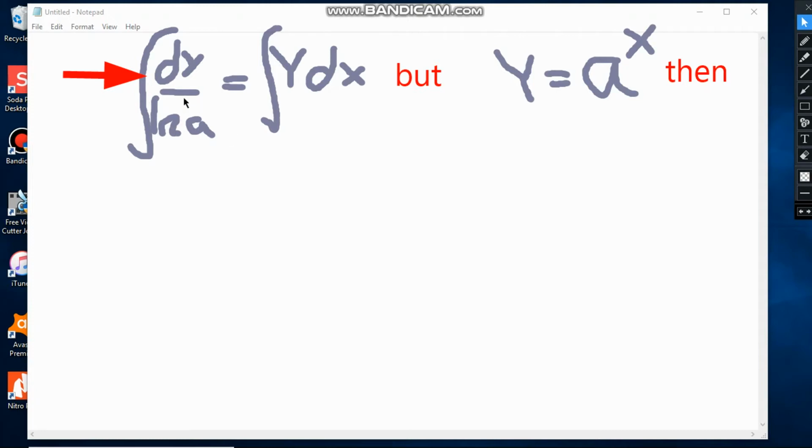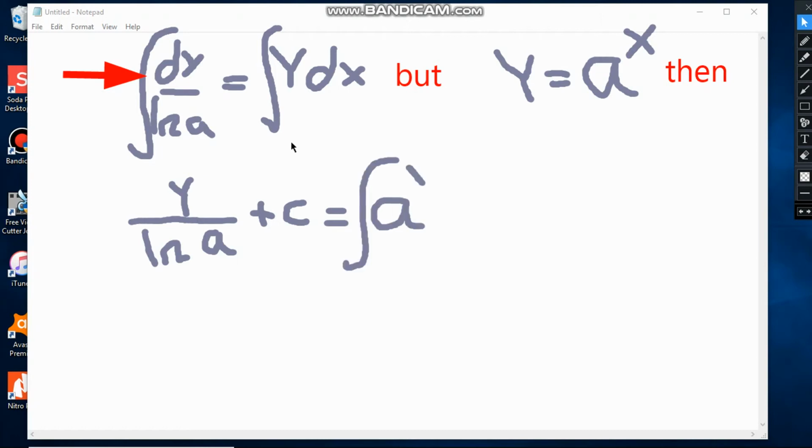Ln of a is a constant and has no effect on this integral, and the integral cancels with the derivative of y. So here we remain with y over ln of a plus constant. On this side, y is equal to a raised to x, so we remain with integral of a raised to x dx.